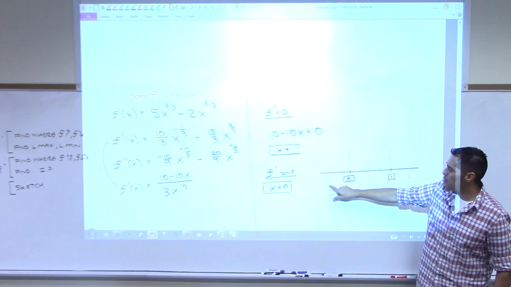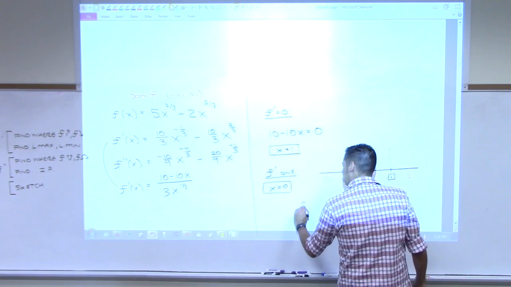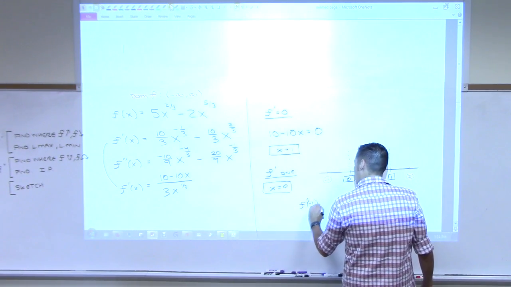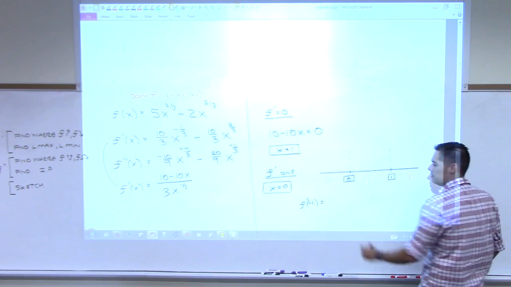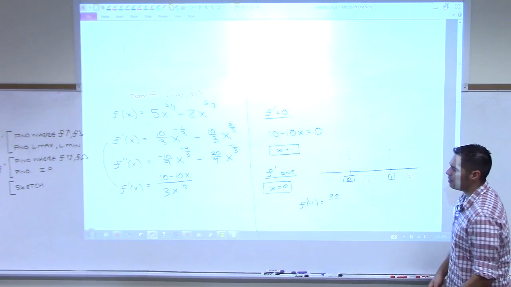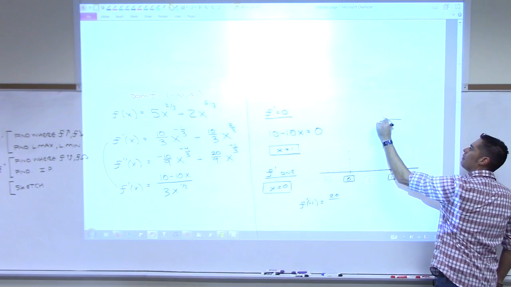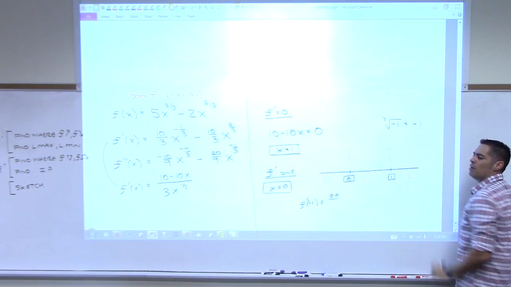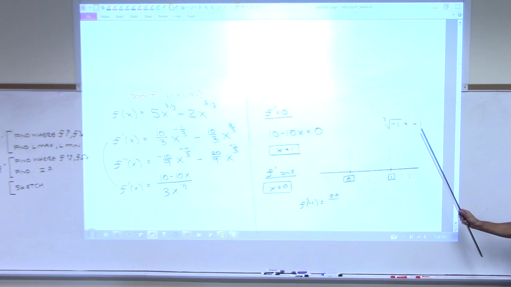All right, test point -1, go into here. So I'm doing f prime of -1. So plug that in there. What do you get? I think that's 20 on top. And on the bottom, ooh, this is a cube root, right? What's the cube root of -1? -1, right? What number times itself 3 times is -1? -1 times -1 times -1 is -1.